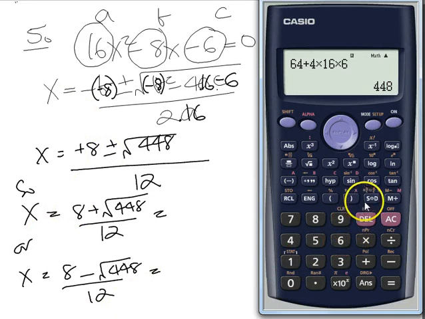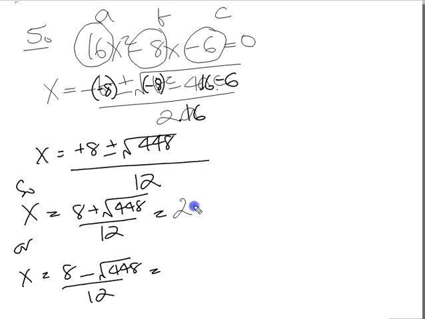So it'll be 8 plus square root 448. That's the top number. Work out the decimal. Divide by 12, equals, let's get the decimal, 2.43. So this number here is 2.43.